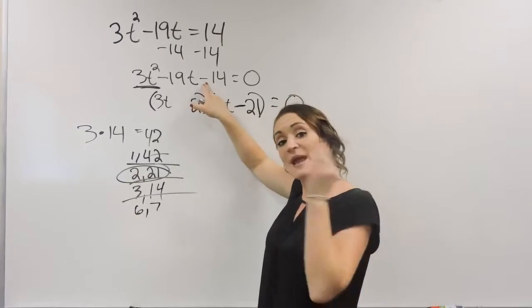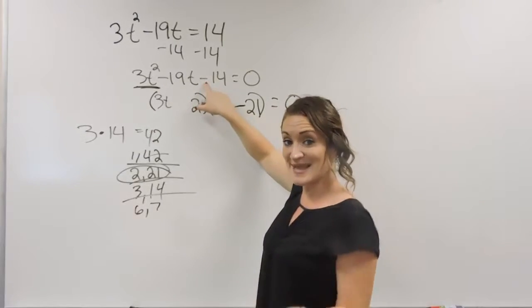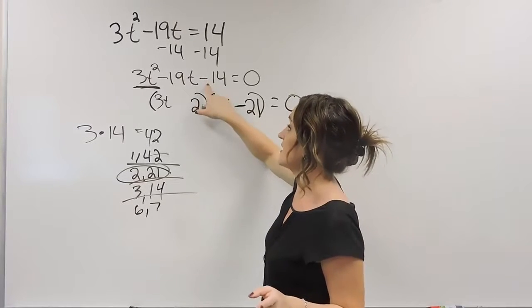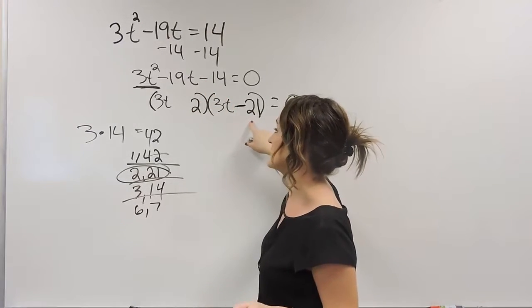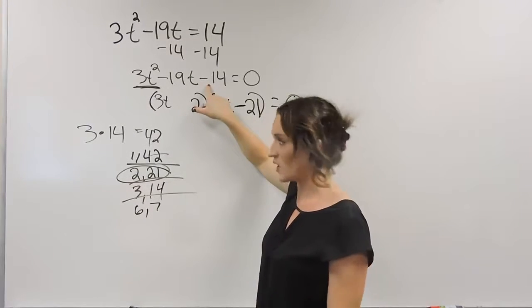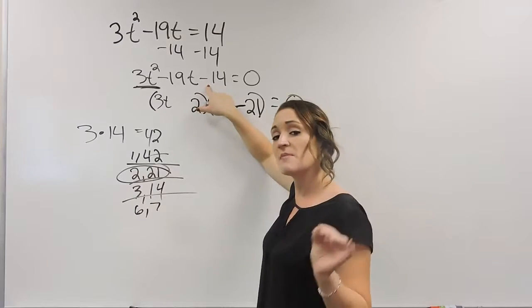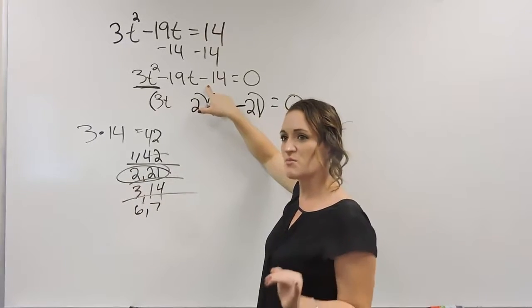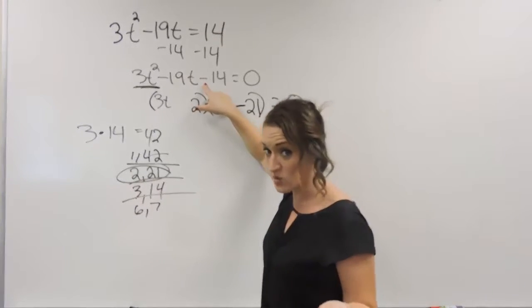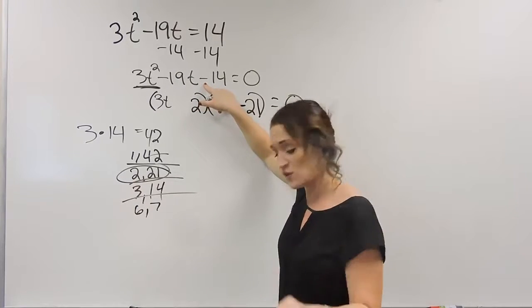Otherwise, now I move to my last term over here in my trinomial. My last term is negative. And this negative here comes from last times last. So I know that this times this is going to give me this negative over here. All right, so when it comes to multiplying, we need to keep in mind what gives me a negative. Our multiplying rules are: same signs give you positive, different signs give you negative.